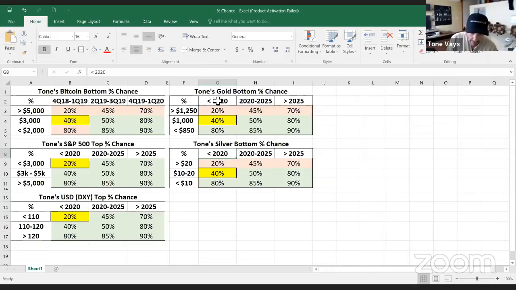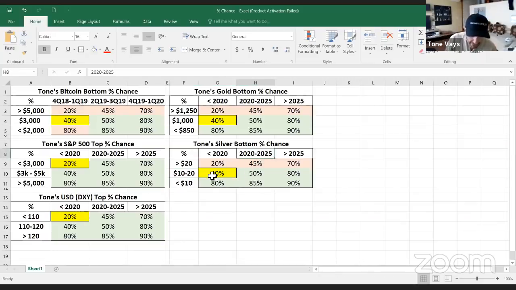Silver has a similar life cycle, though I think Armstrong has them on slightly different life cycles. I want to simplify things, so I may have to think about the timing some more. The 2020 is not going to change. I think the probability that Bitcoin has bottomed is 40%, and it's the same for gold and the same for silver.